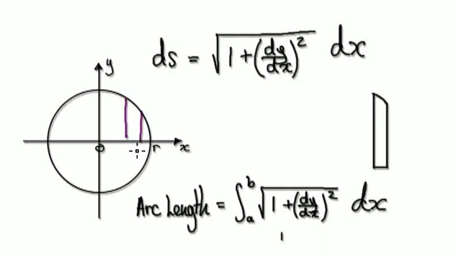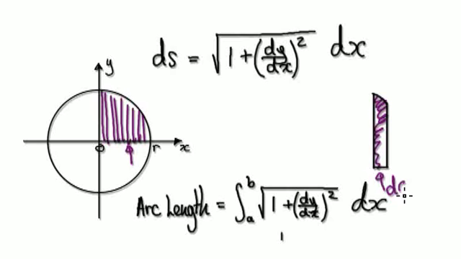So we would start out with dx here. We are summing up all the strips here. So if you look at the thickness of this one particular strip, this is our dx. So this strip here is this strip here.